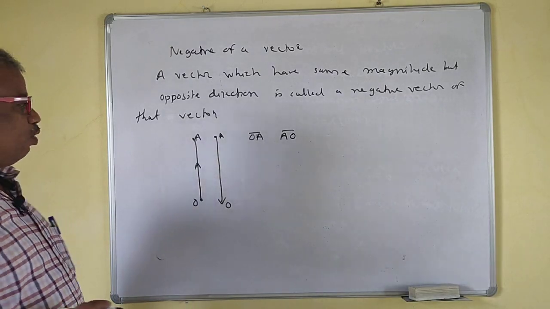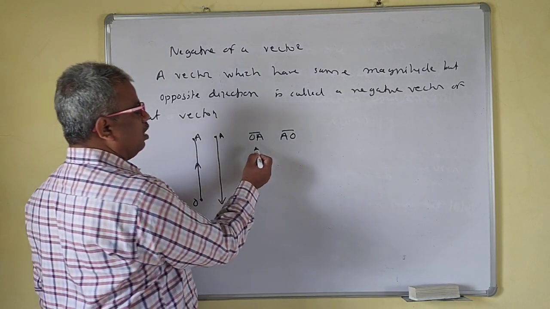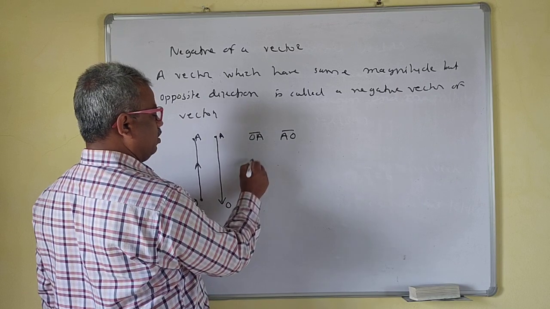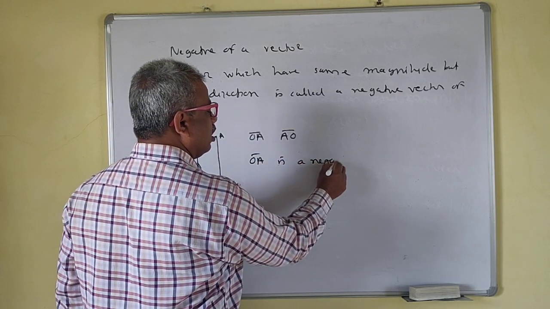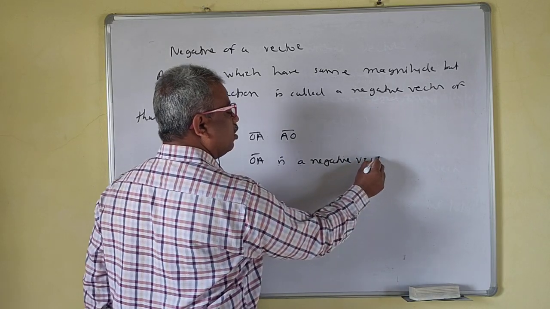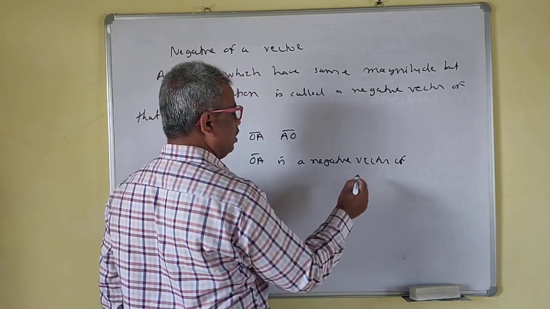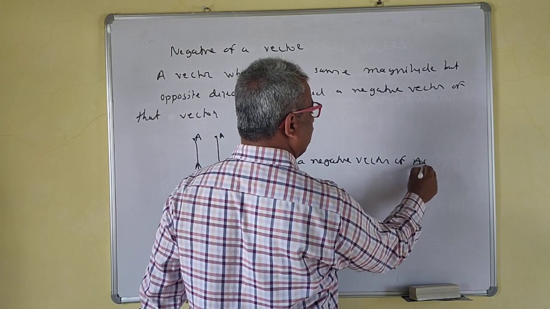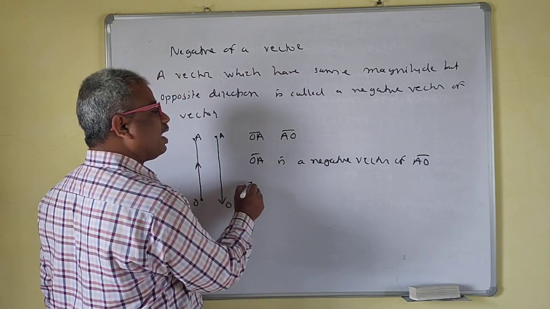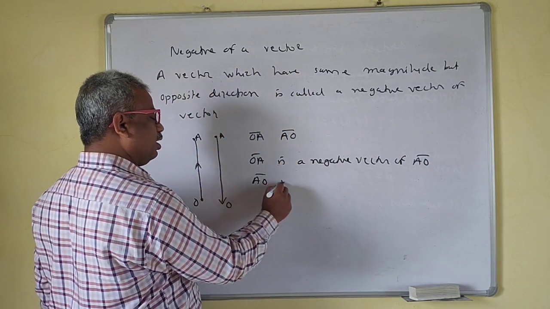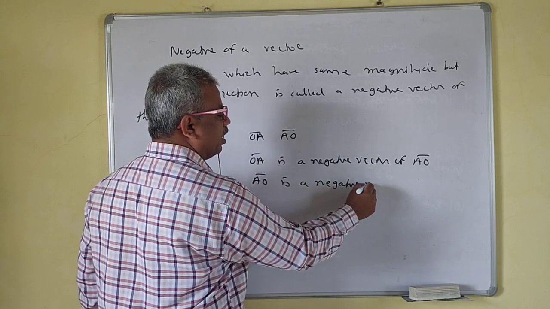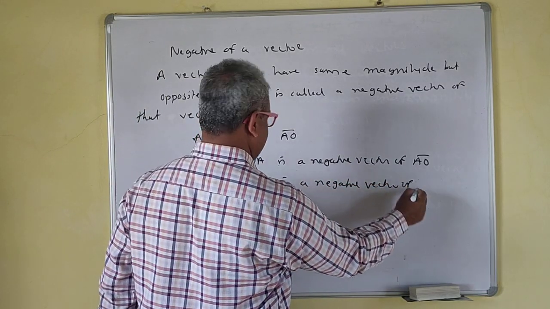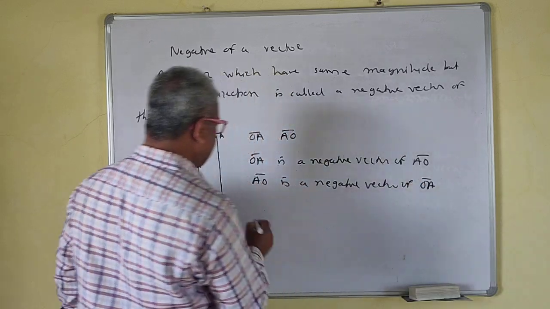So OA bar is a negative vector of AO bar, or we may write also that AO bar is a negative vector of OA bar.